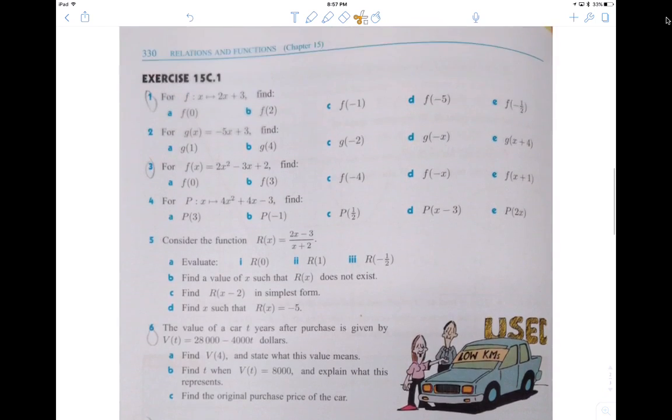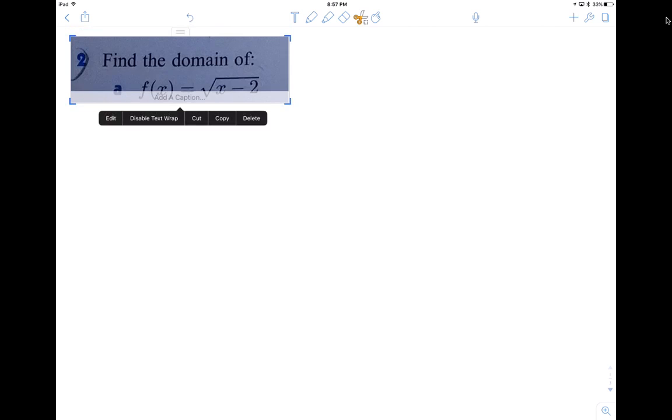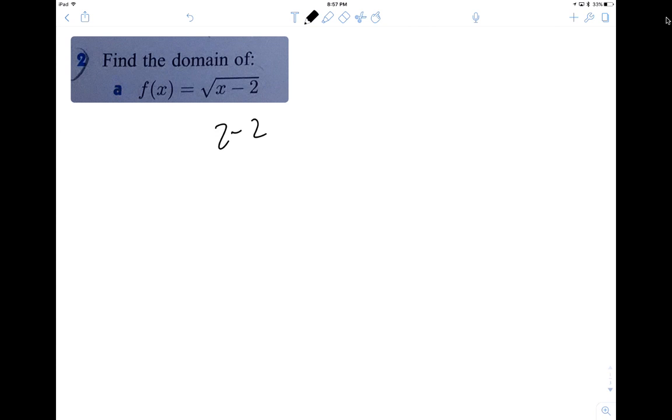Now with question 2, what situations will cause the square root to be negative? Well, let's try 2 first of all. 2 minus 2 is 0, and the square root of 0 is 0.